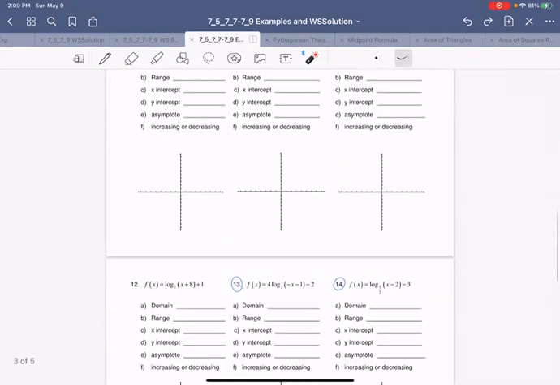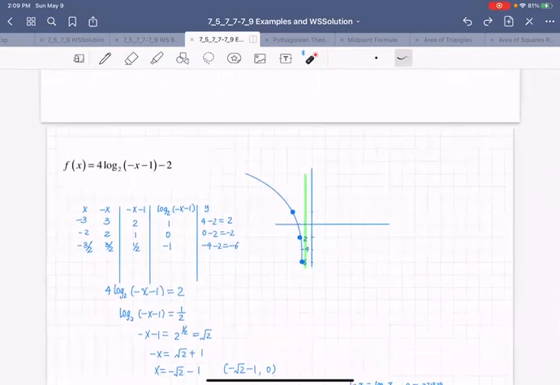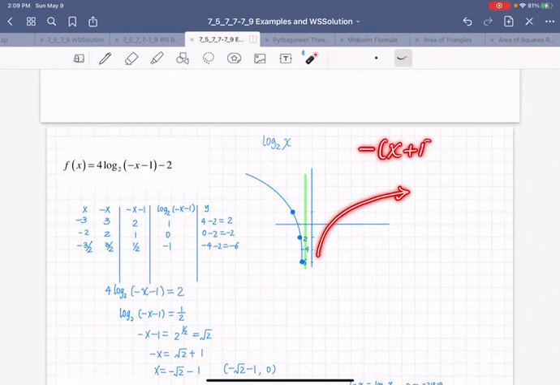For the latest question we did just now, your original one is log 2x. Log 2x will be like this. That's your parent function. And then you have a negative x plus 1.